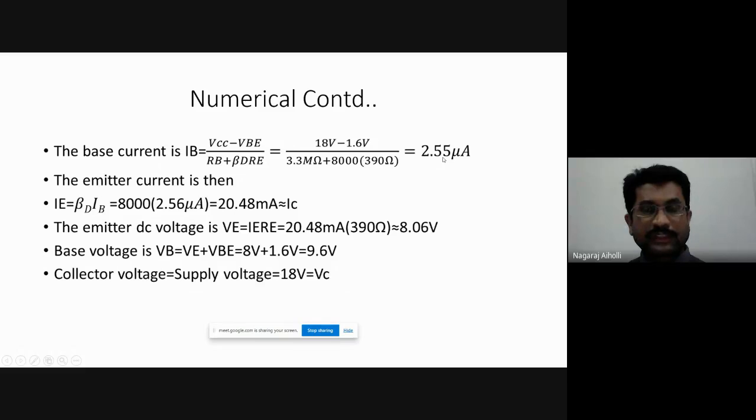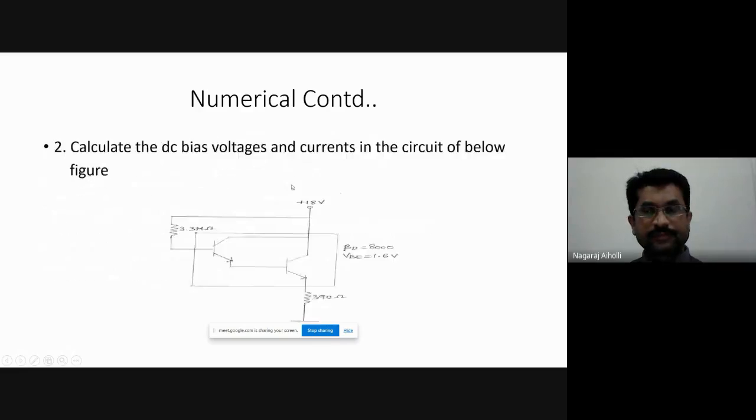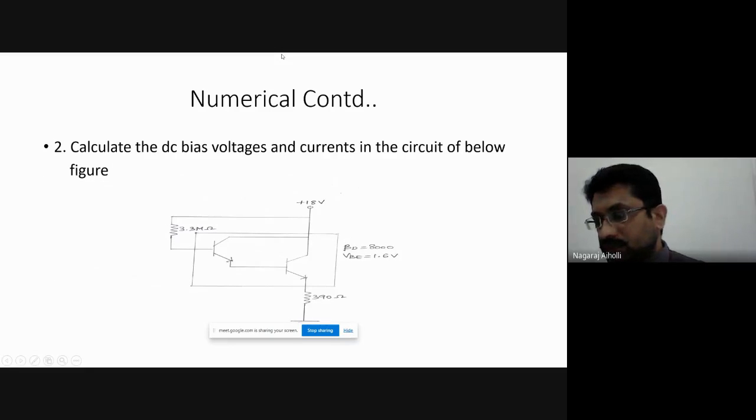What will be the IB value? Just see, VCC minus VBE divided by RB plus beta D RE. Check how much you are getting. What is the answer, students?